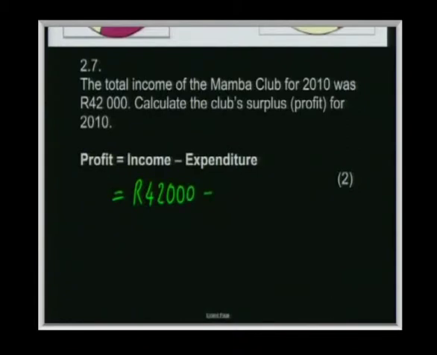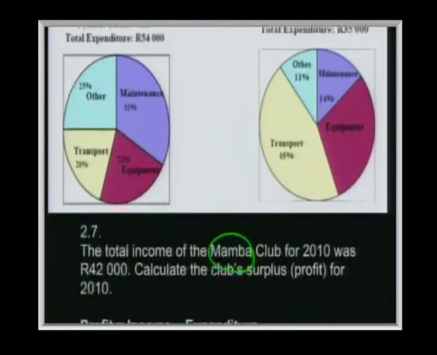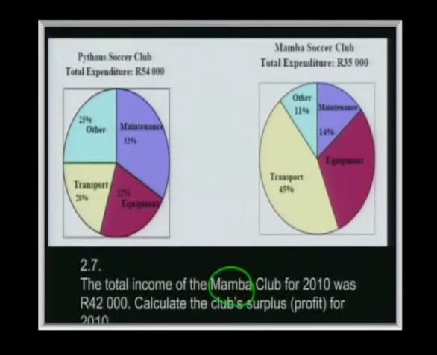where am I going to get my expenditure from? Yes, from the pie chart. So let's go back and see. Remember, we're dealing with the Mamba Club. And so we're going back to this one, and my total expenditure was 35,000 Rand.